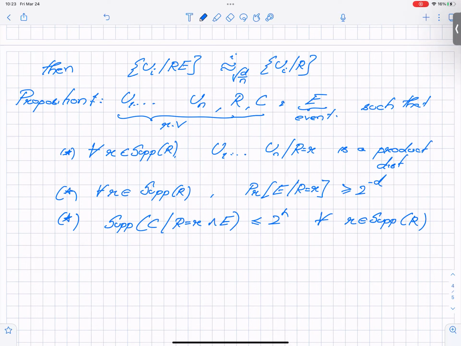By the way, I could have written this as R and an R, putting it on either side would not have affected things.